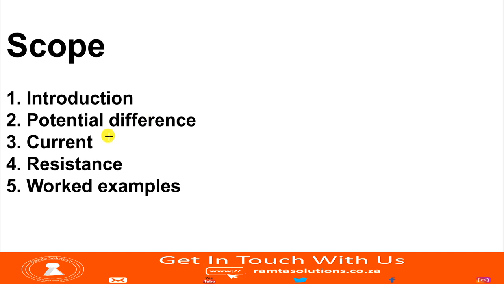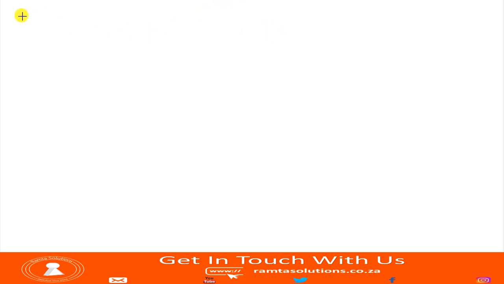You will then get to see also what is resistance. And to conclude this video, we are going to look at some examples, maybe 2 or 3 examples. And of course, we will try to summarize everything that we have learned. So without any waste of time, let's get into it.